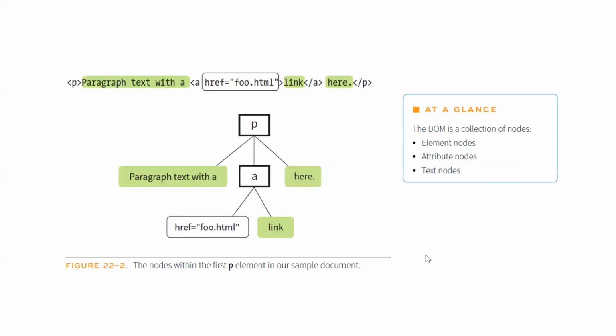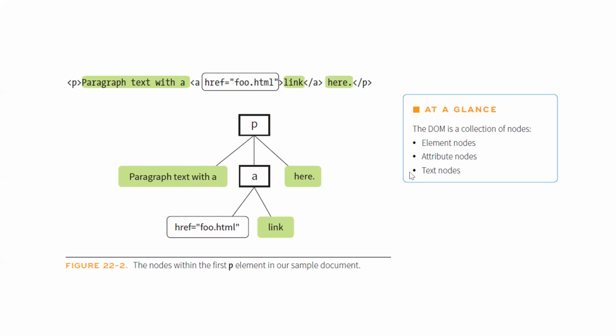So let's look at how you can access it. When you look at different elements in the DOM, you have element nodes, like the paragraph and anchor. A and P are element nodes.